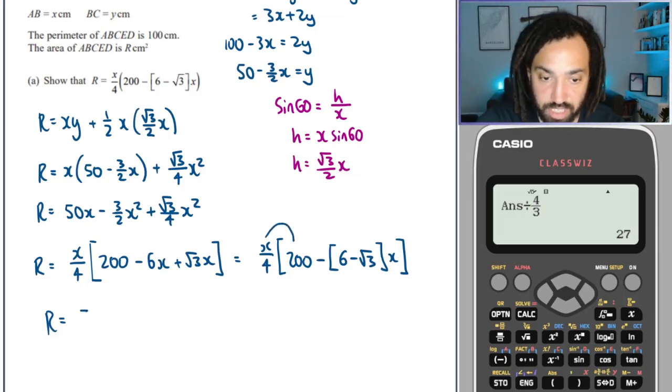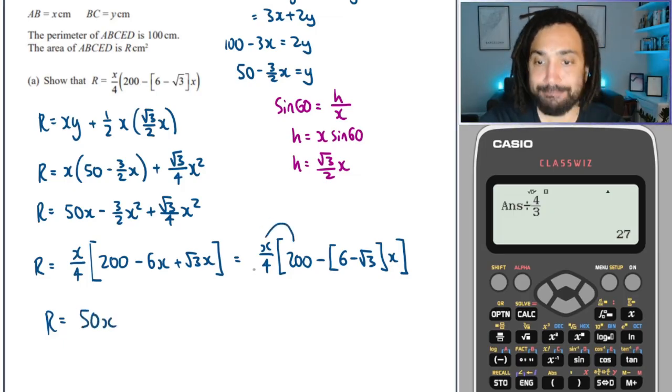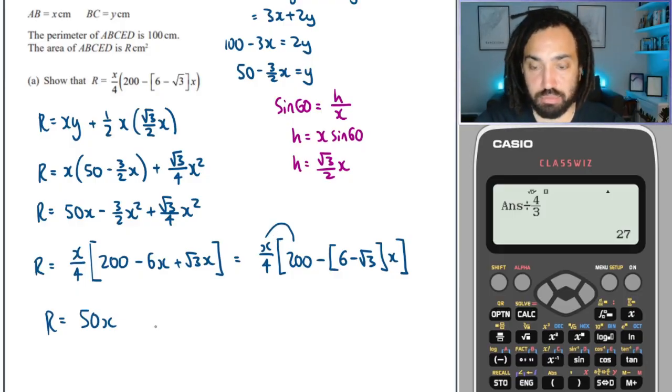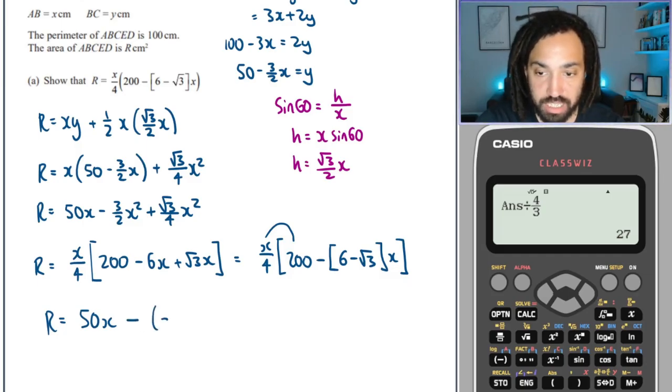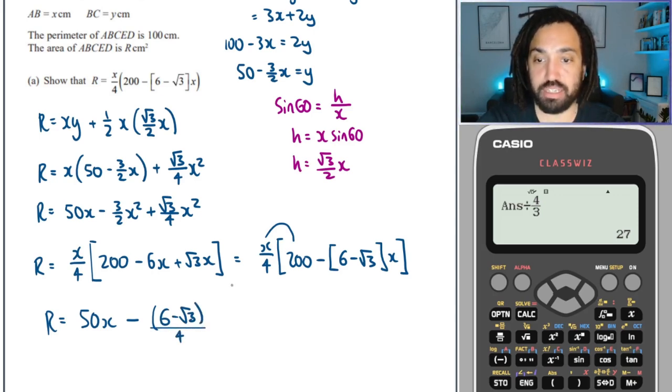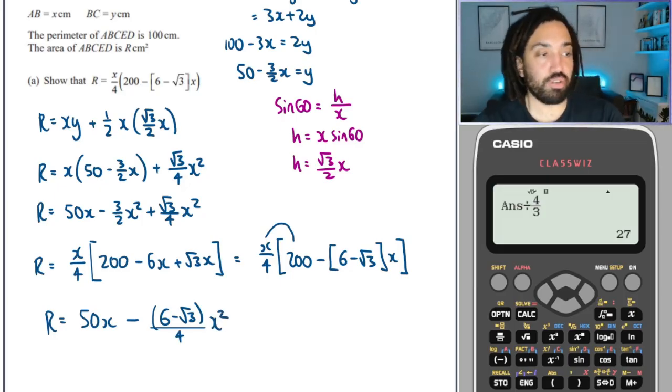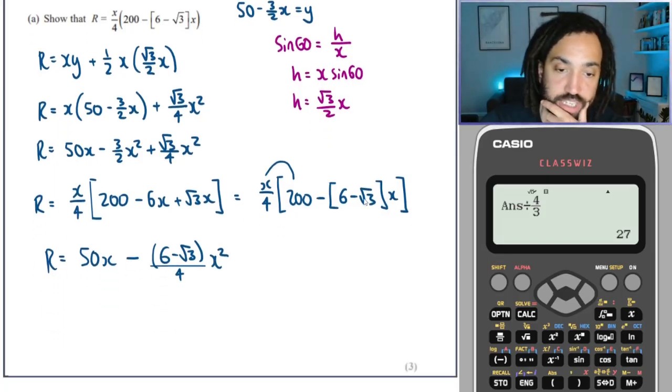That's going to give me 50x. Now, when I expand the next one, I'm not going to do it in full. I'm just going to write minus, in brackets, 6 minus root 3 will be divided by 4 because of the 4 outside the bracket. And the x times the x will give me x squared. Okay, so that's now a form that I can differentiate.